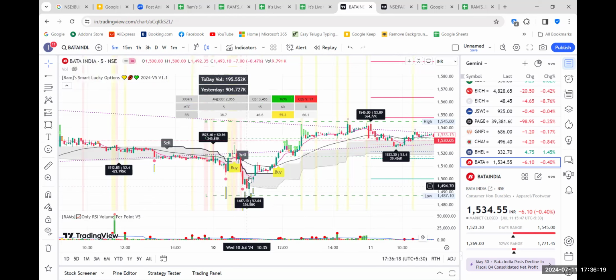1487 is the low pivot, whereas 1499, 1500, becomes our entry, right?